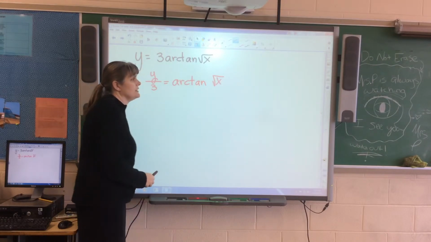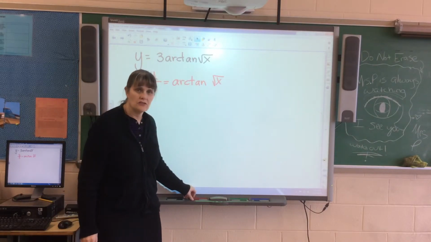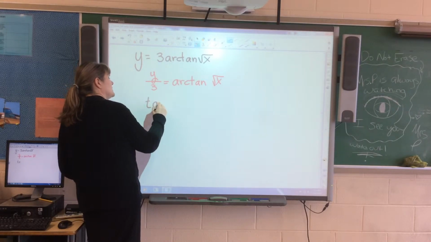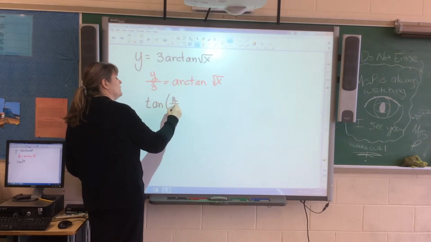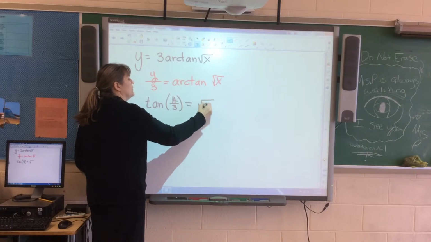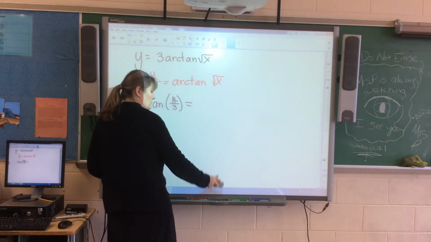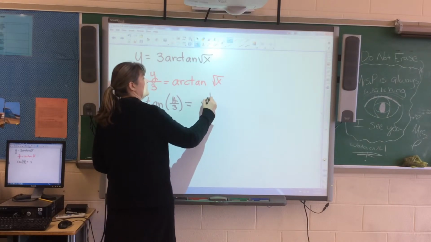And now we can rewrite it. What angle has the tangent of root x? Well, in this case, the tangent of y over 3 is equal to root x. And I'm going to rewrite the square root of x as x to the 1/2.